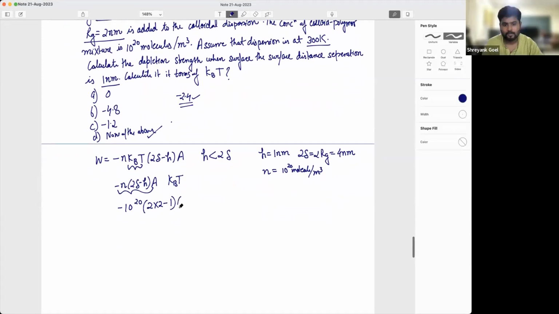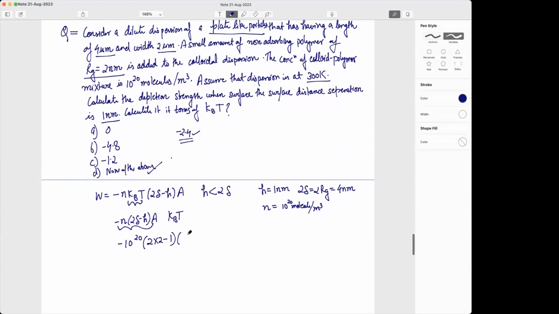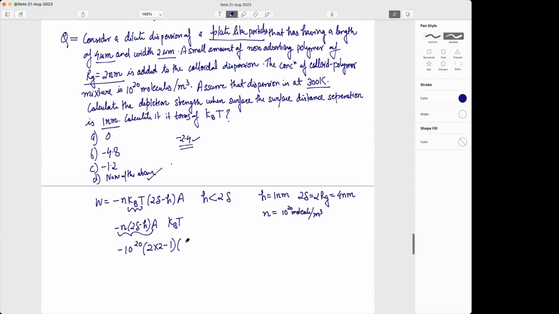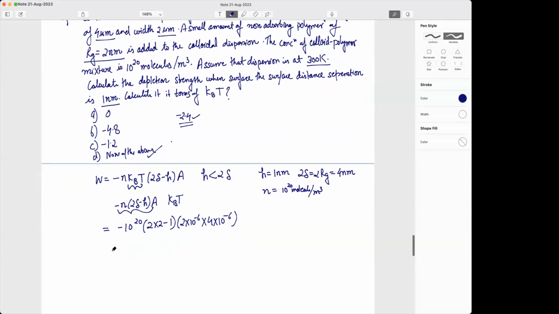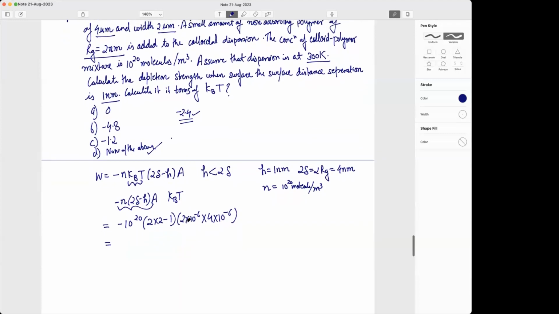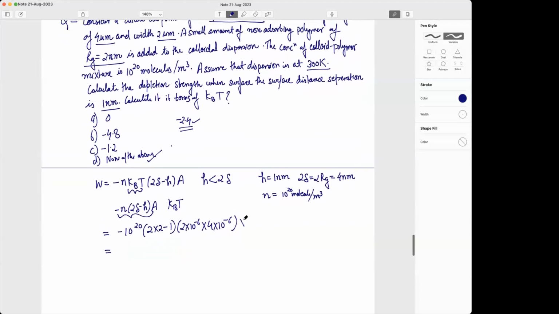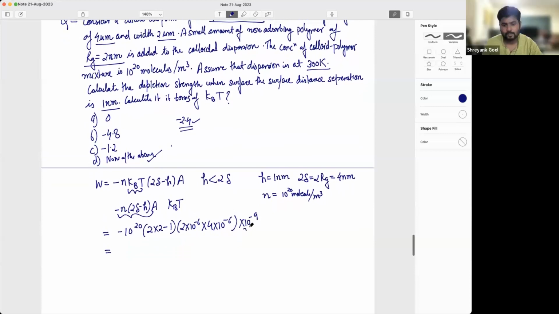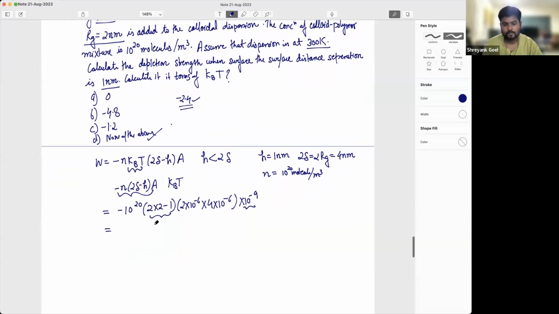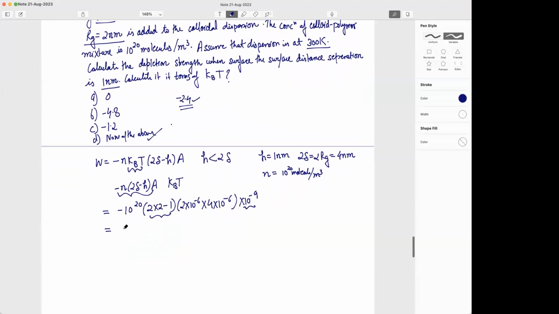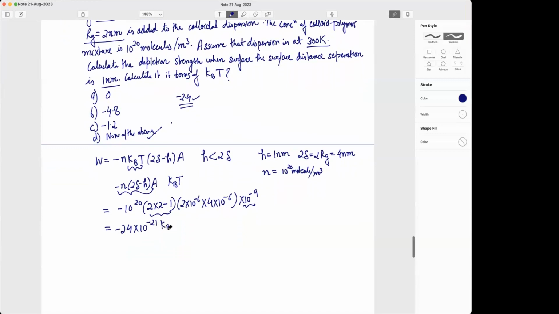And area is 2 into 10 to the power minus 6 into 4 into 10 to the power minus 6. We have to convert from nanometers to meters, so 2 into 2 into 10 to the power minus 9. What we get is 24 into 10 to the power minus 21, into 10 to the power 20.